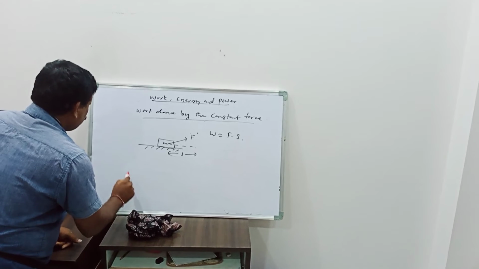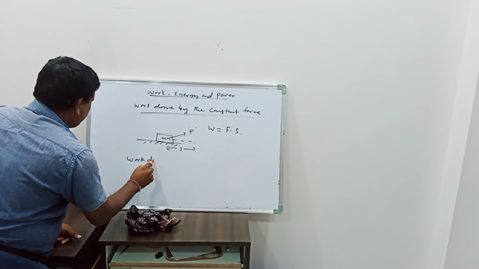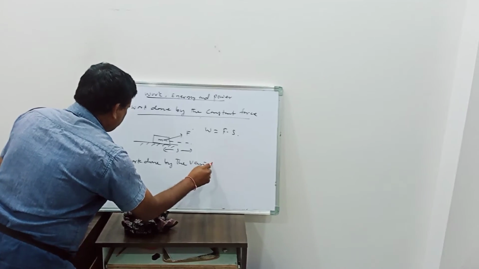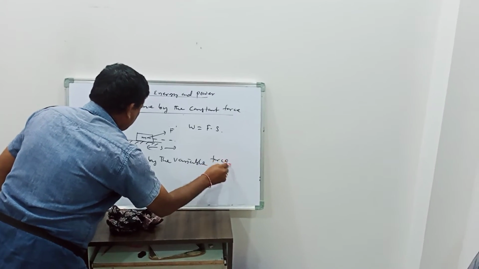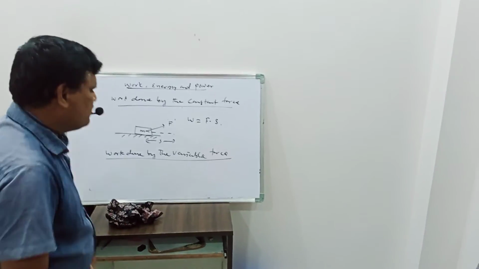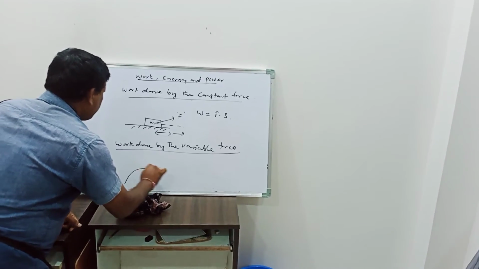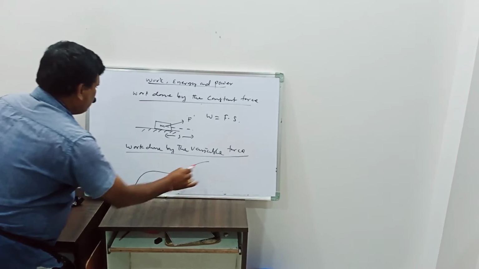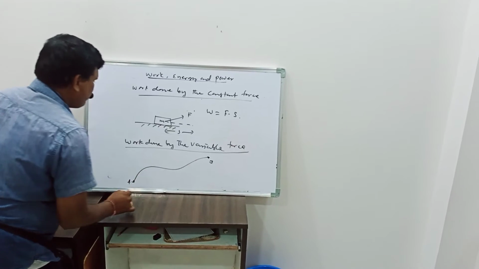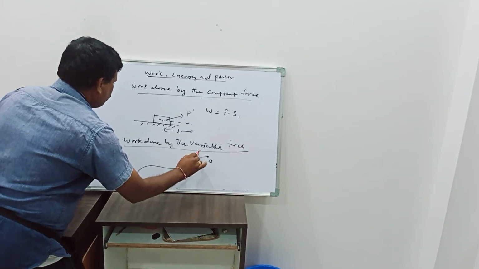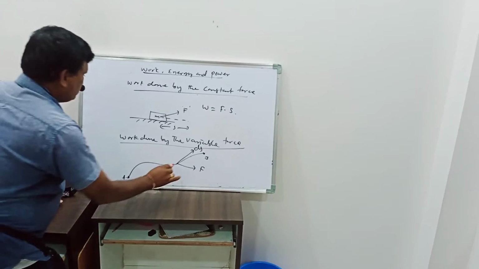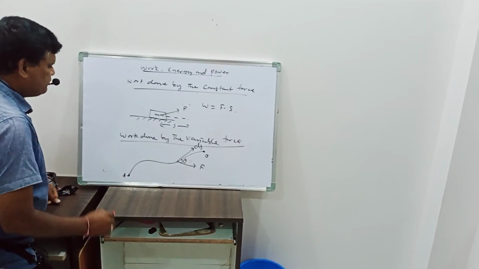Next, work done by the variable force. How can we understand the work done by the variable force? Let us consider infinitesimal points A and B. There is a displacement of the particle ds when we apply the force F, which makes some angle theta.